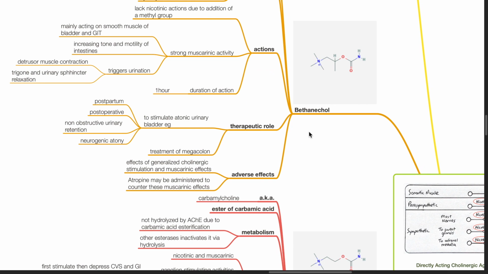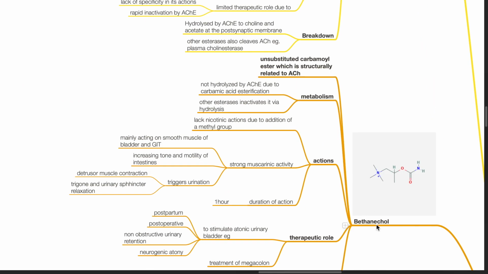Bethanechol. Bethanechol is an unsubstituted carbonyl ester which is structurally related to acetylcholine. Metabolism of bethanechol. It is not hydrolyzed by acetylcholinesterase due to carbamic acid esterification. Other esterases inactivate it via hydrolysis. Actions of bethanechol.